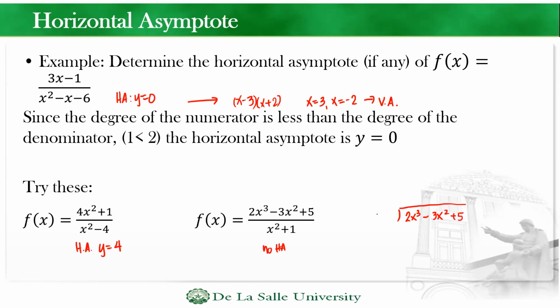Divided by x squared plus 1. So 2x, it gives us 2x cubed plus 2x. Negative 3x squared minus 2x. So we can still divide.